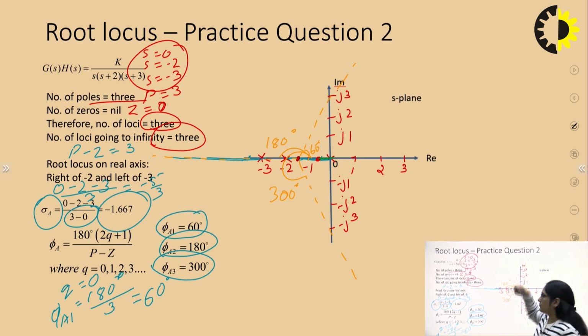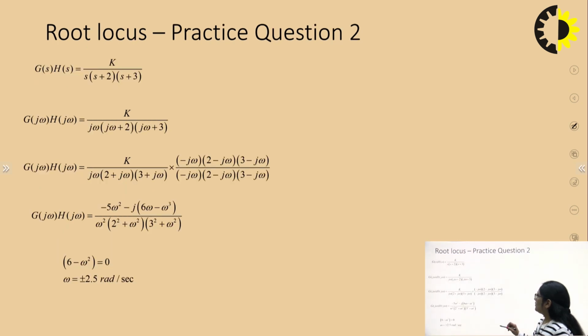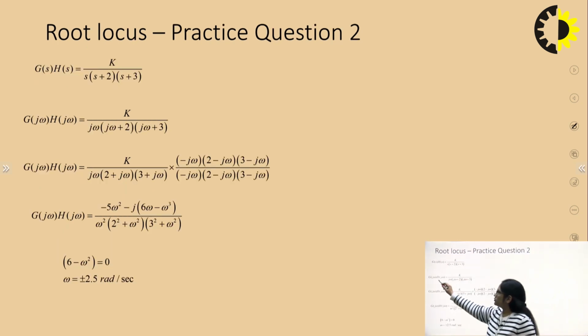So, it is very much obvious that the locus will intersect with the imaginary axis. Now, what is the value where this will intersect on the imaginary axis? There are two ways to find that. One is, we simply put s equal to j omega in the expression given to us and then rationalize the system, separating the real and imaginary parts.